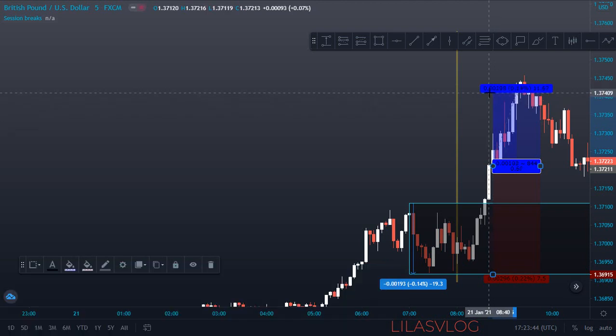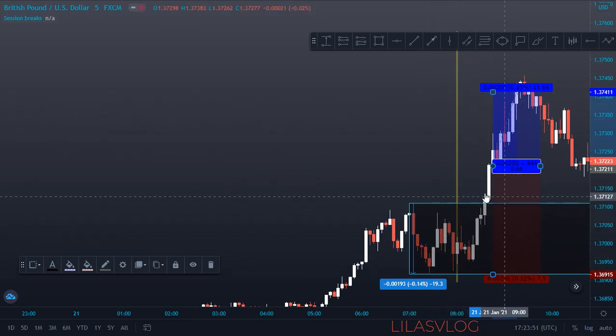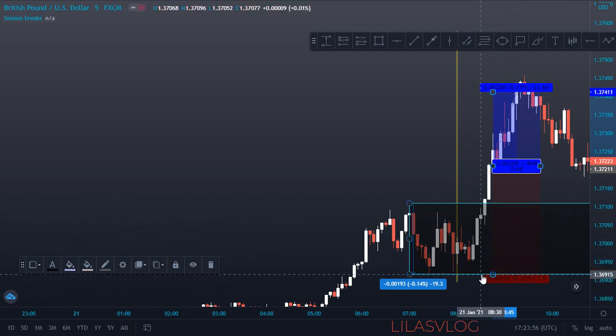Alright, the distance of the box is our target, and where we put the stop loss is on the opposite side of the box, right?